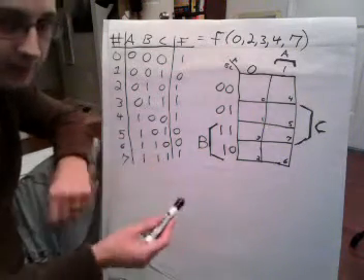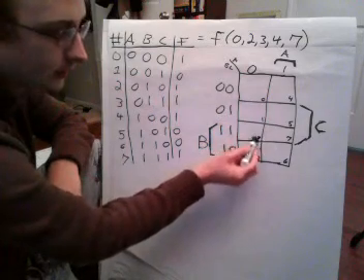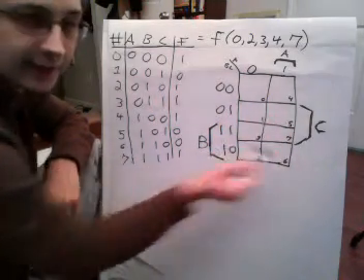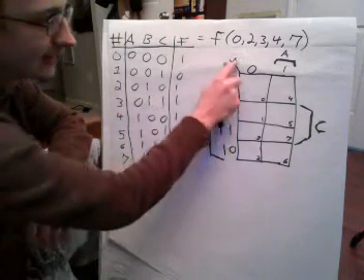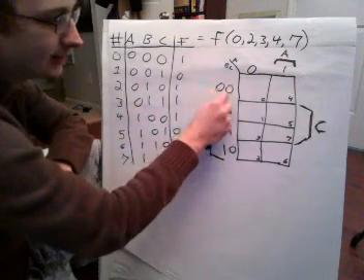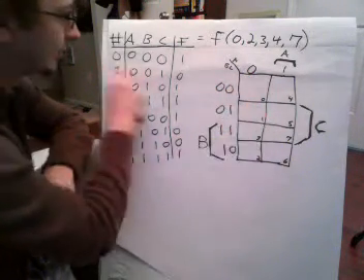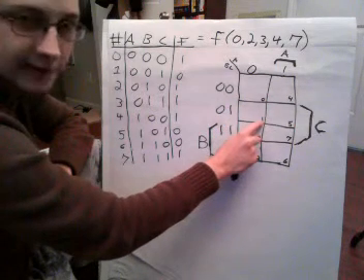What, again, I really encourage you to do is to number each of your cells in your K-map here. So I started with A on top. When A is 0, B is 0, C is 0, that is my 0th row, and that's where I put a 0. And I have these little subscripts.